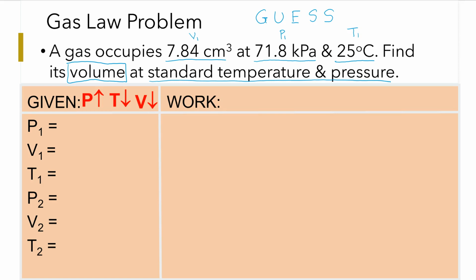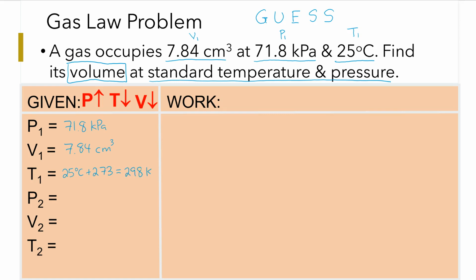So let's put in our givens first. Let's complete G. So P1 is 71.8 kilopascal. Volume 1 is 7.84 centimeters cubed. Temperature 1 is 25 degrees Celsius, but we have to add the 273.